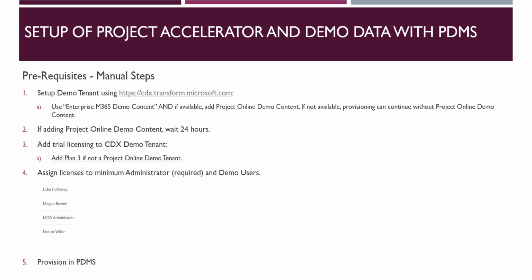If you wanted to do some use cases or personas, those are the 3 additional users that you can add the Plan 3 trial license to. After you've done that, you can follow the provisioning in PDMS. So let's take a look at all these steps within a demo environment.